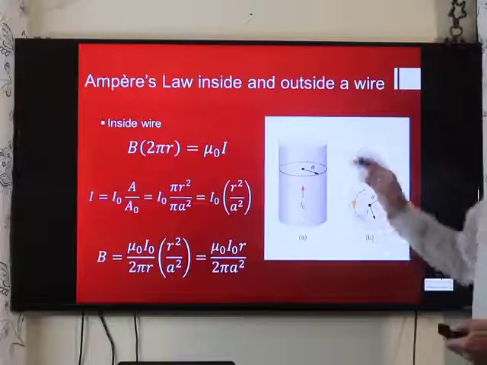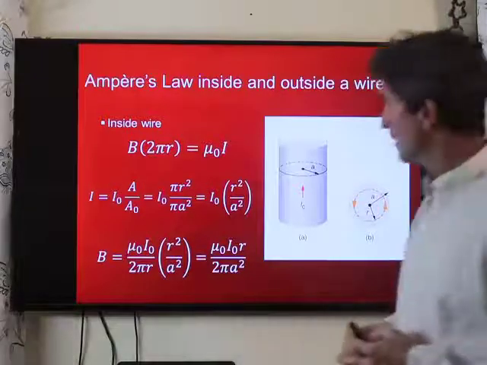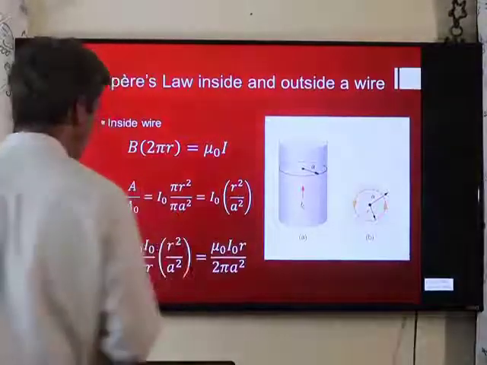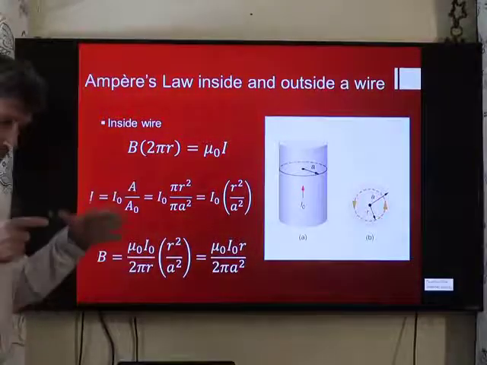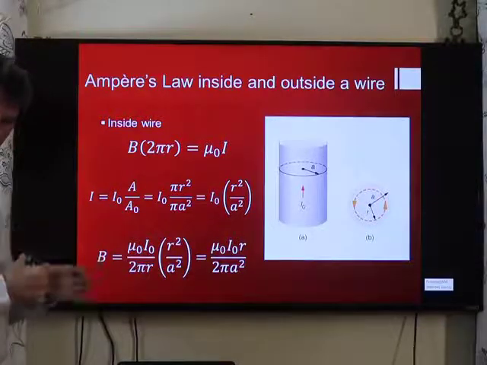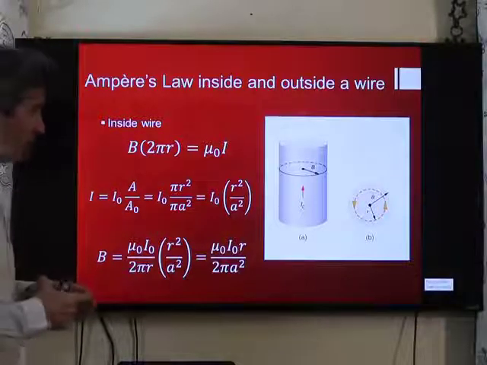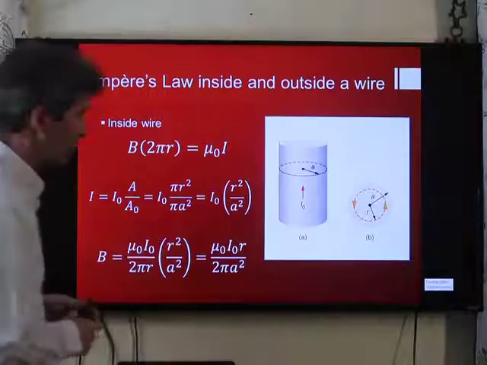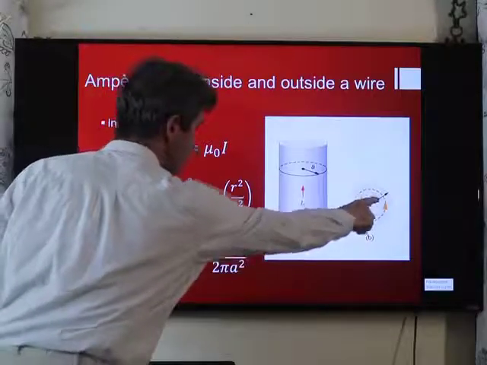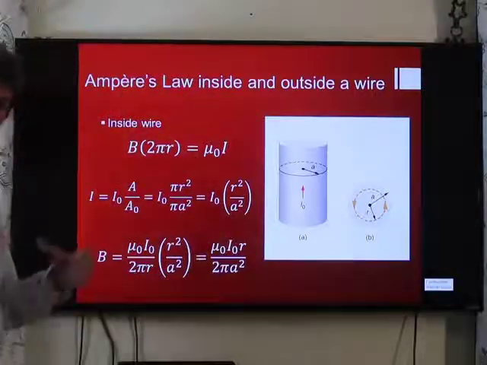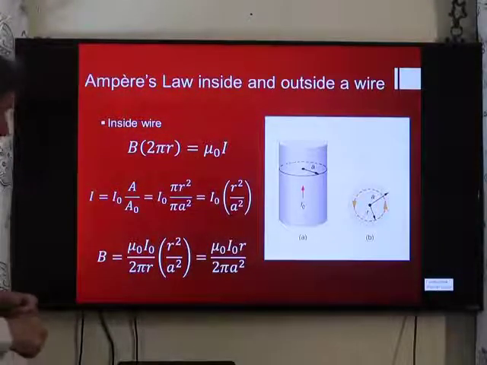But now inside the wire, it's a little bit different. By Ampere's law, we only include the current that our circular path is going to enclose. So if you look inside the wire itself, the radius that we look at is going to be less than the radius of the wire.